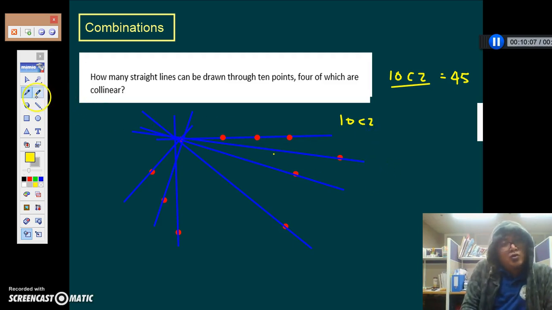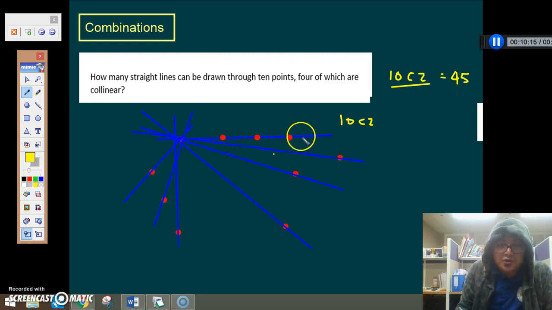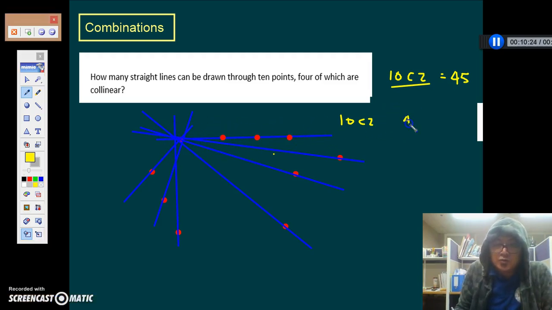So to do that, let's see the case of the lines of these 4 points on the line. So remember that this should be counted only as 1. So these 4 points, if they are not collinear with each other, you can draw 4C2 lines through them.